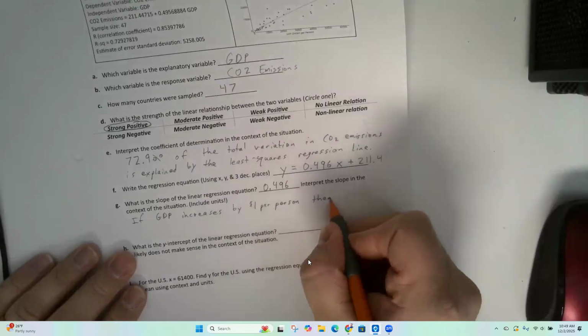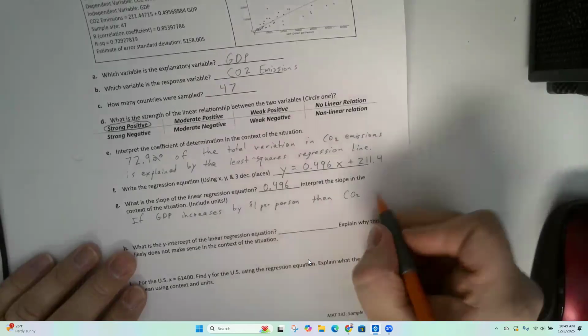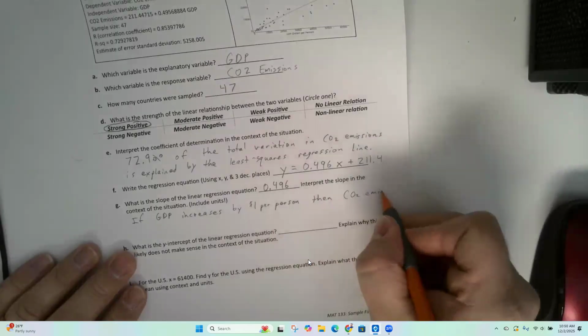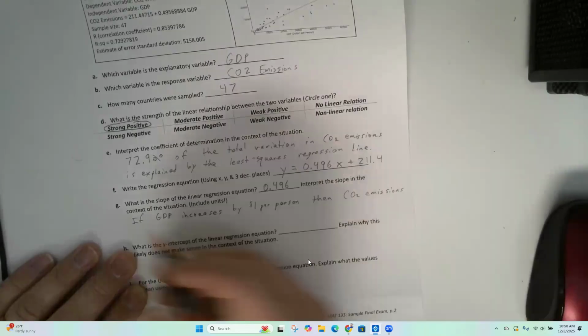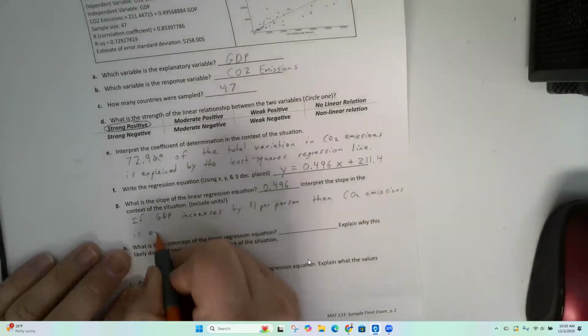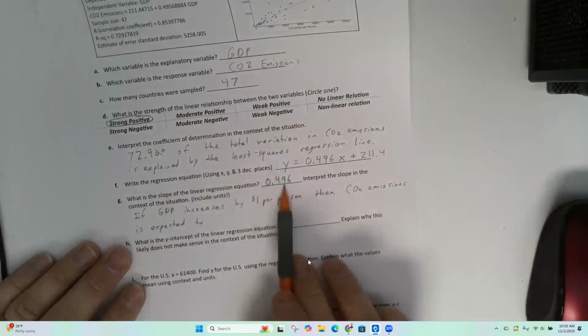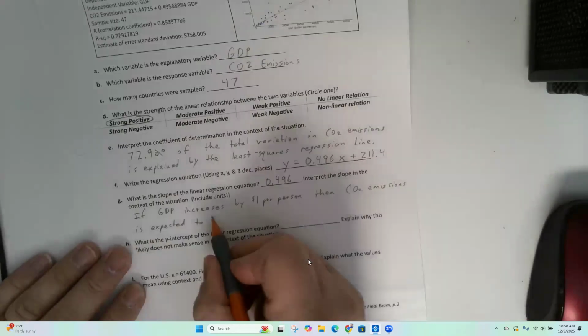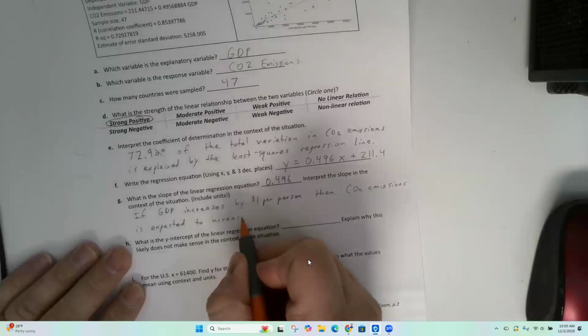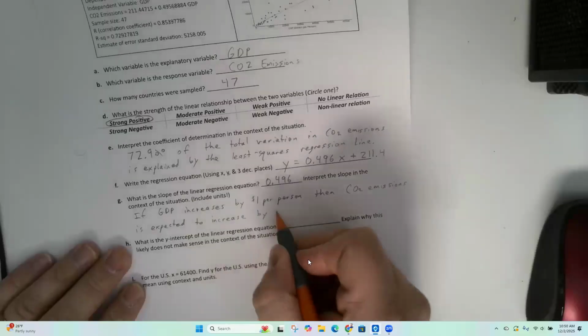and y is expected to, and then we would write increase if it's positive, decrease if it's negative, by approximately.